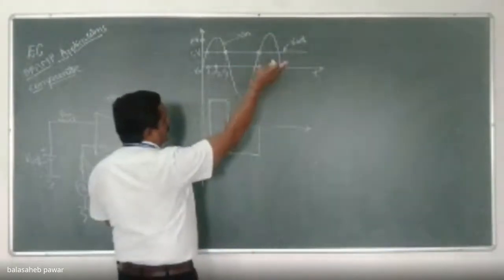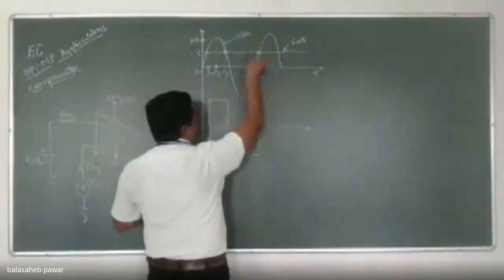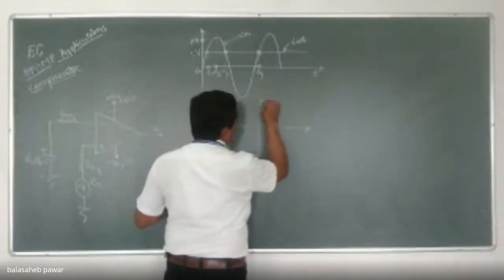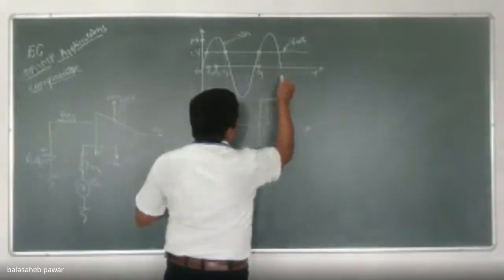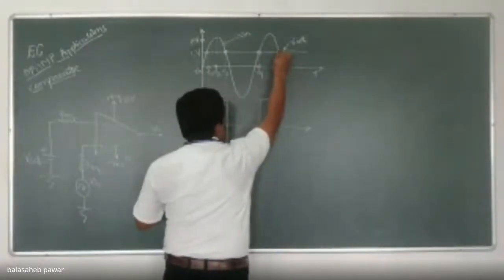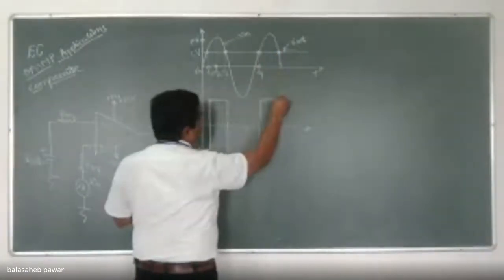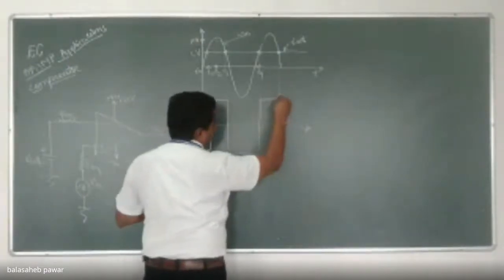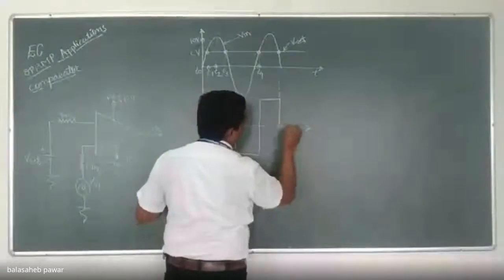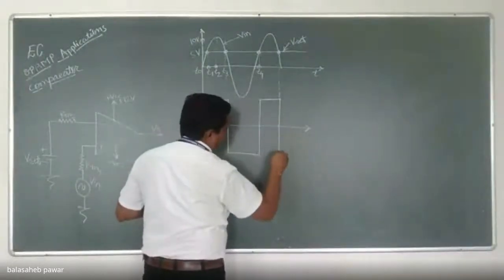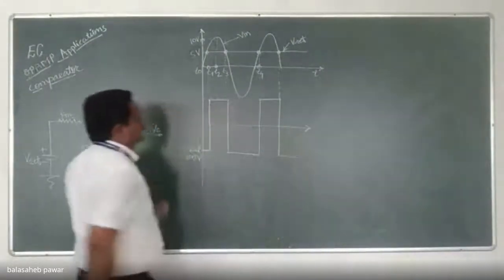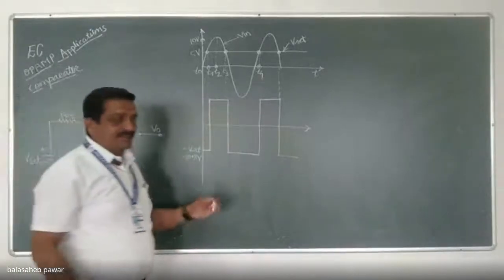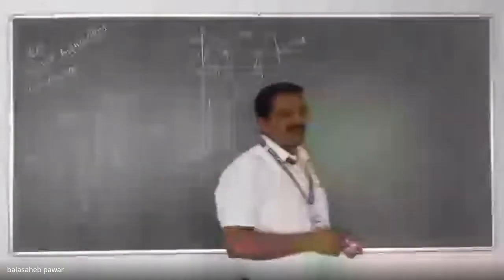And after T4, V in again becomes more positive as compared to the reference voltage, and therefore the output will get switched to plus Vsat up to over here. And later on, again it will remain at minus Vsat.